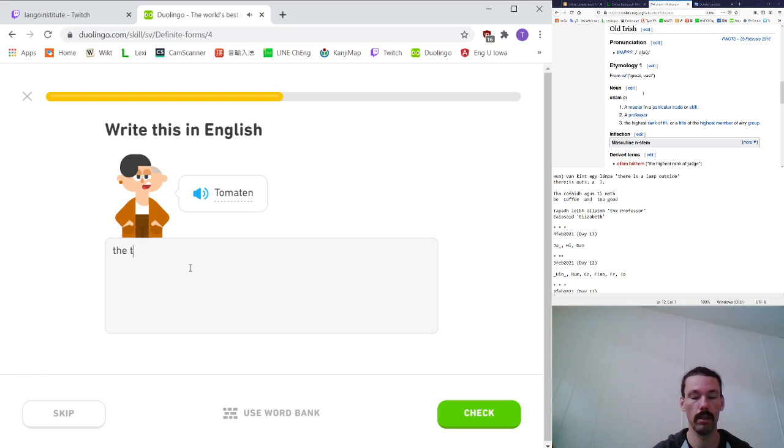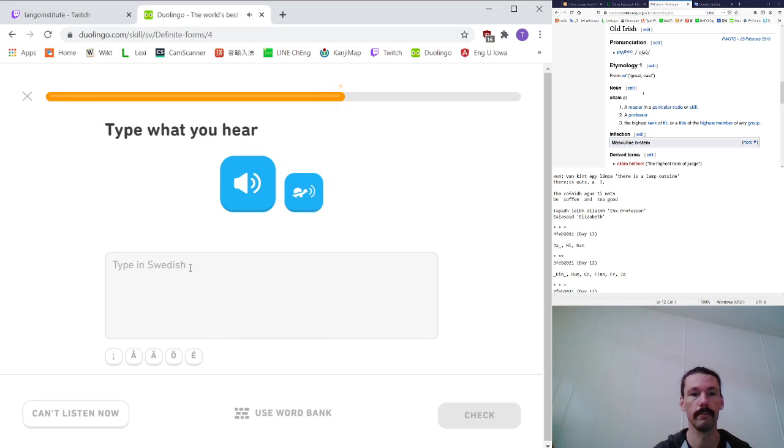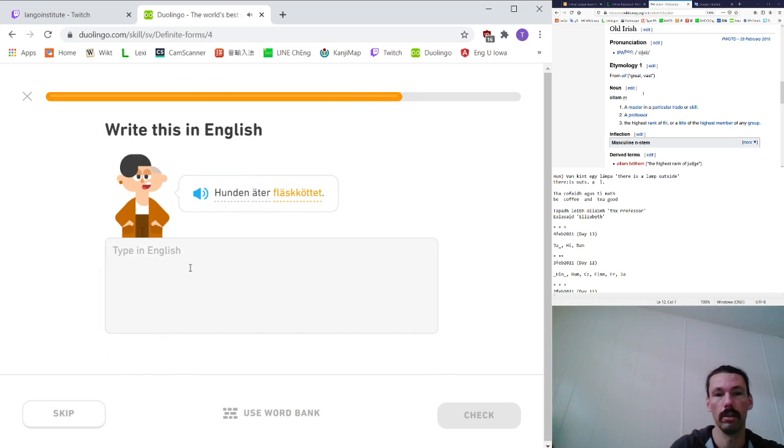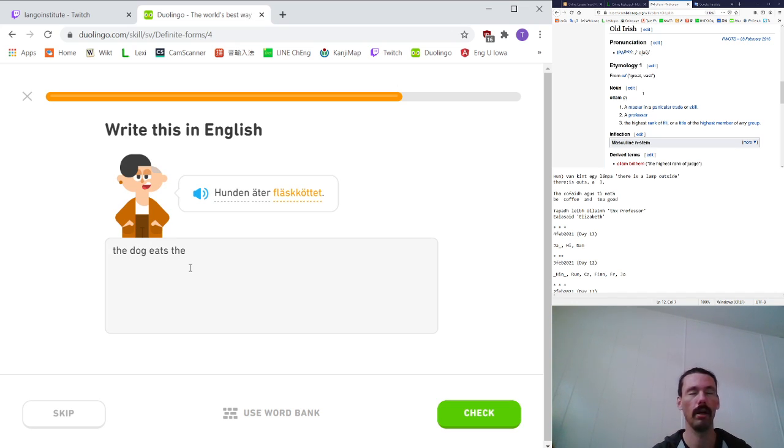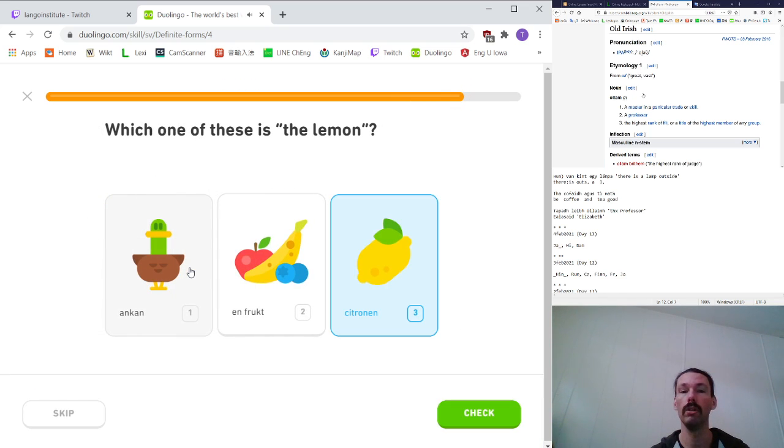Tomaten. The tomato. Elefanten har tomaten. Hunden äter fläskköttet. The dog eats the pork.